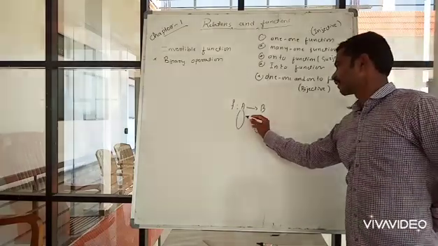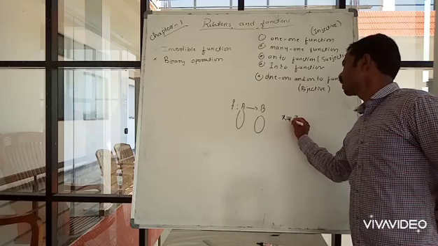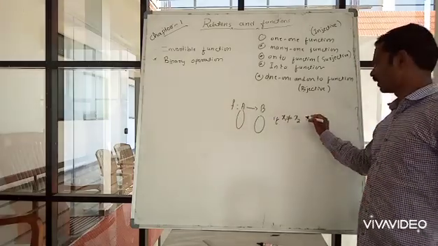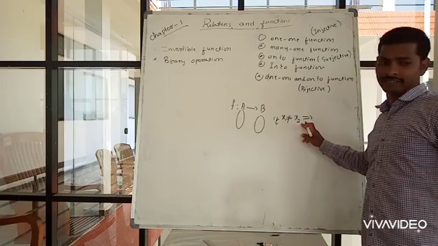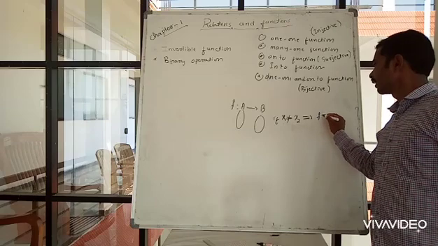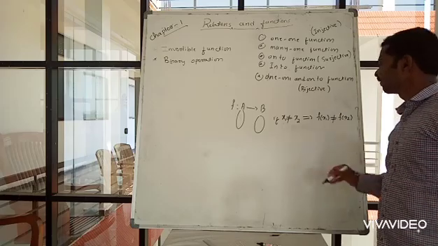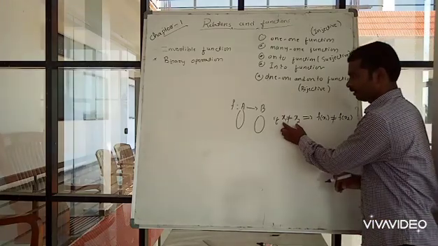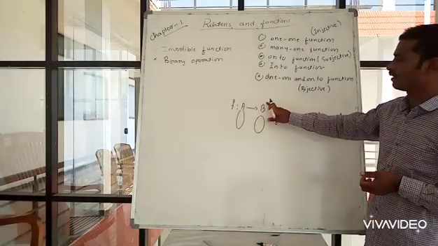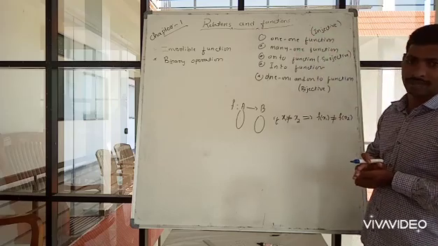That is, if x1 and x2 are two different elements in the domain, and the corresponding images under this function in the codomain, f of x1 and f of x2, are also different, then we say that this function is one-one or injective.